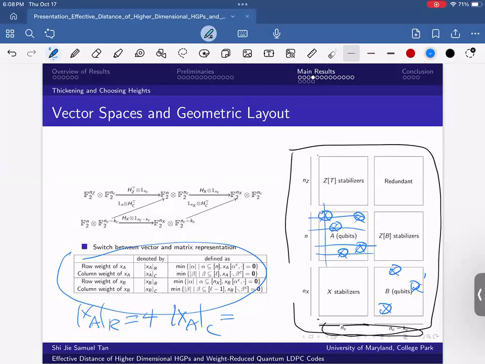We have 1 column, 2 columns, 3 columns, and 4 columns as well, so this is 4. This is just to formalize the impact of an operator on the qubits in these different regions in our geometric layout, and to introduce the notion of row weights and column weights of errors. Is that clear? Any questions on this part?